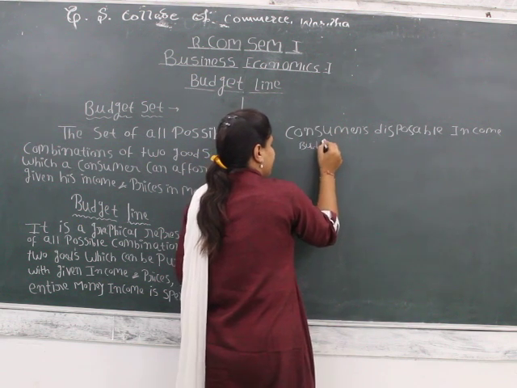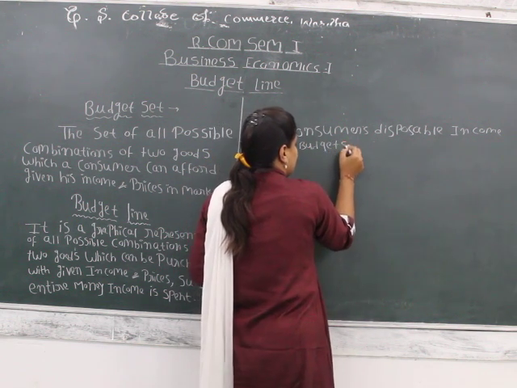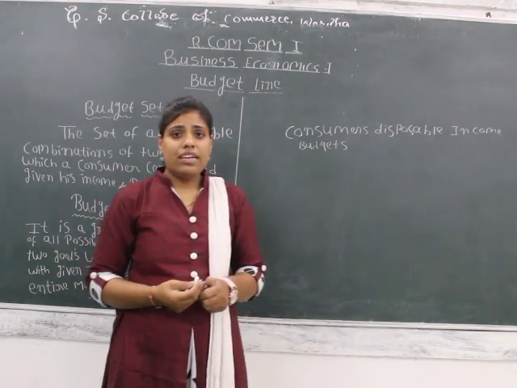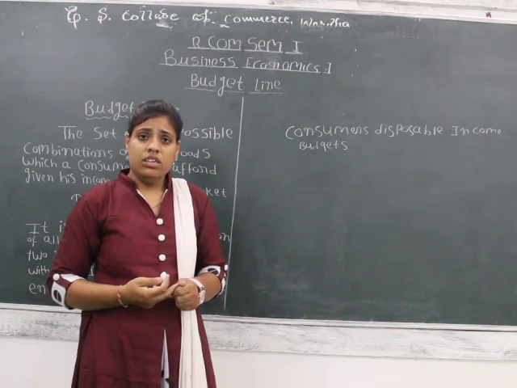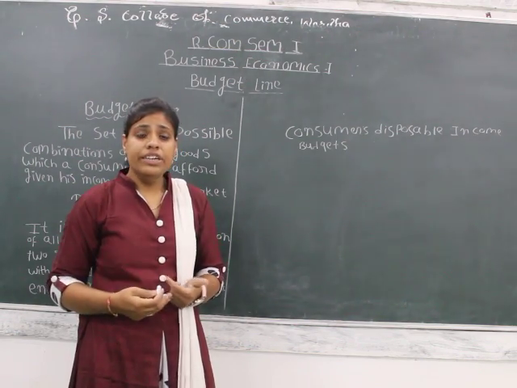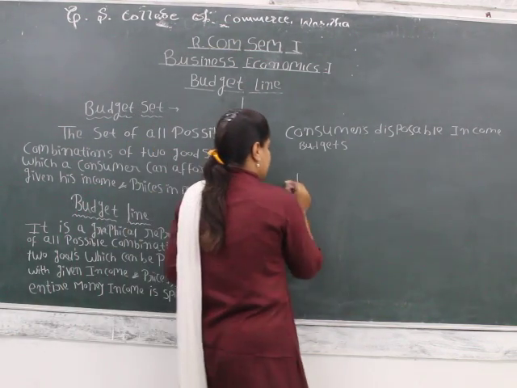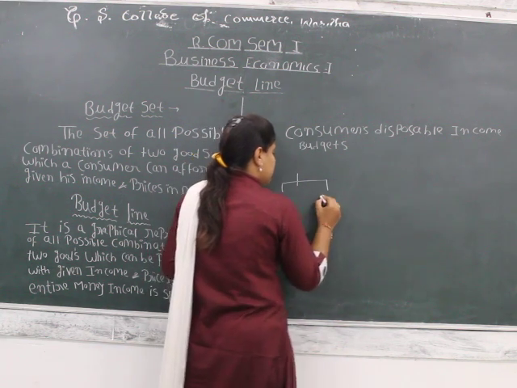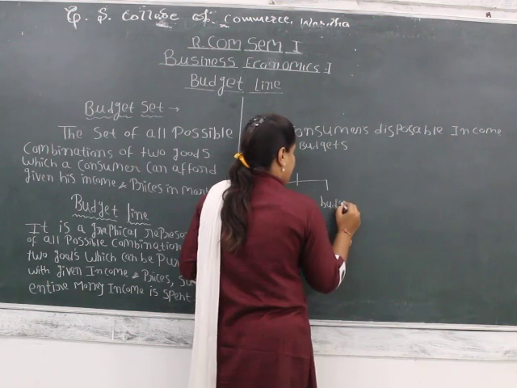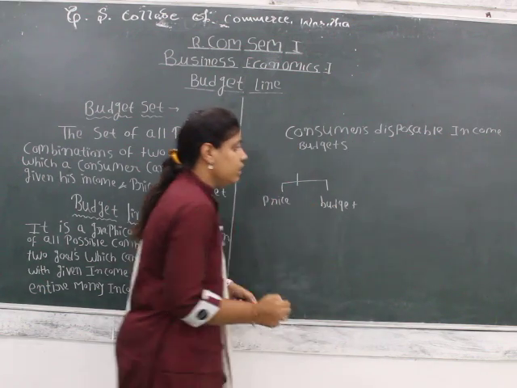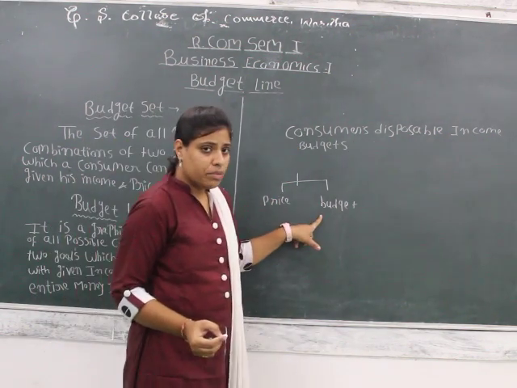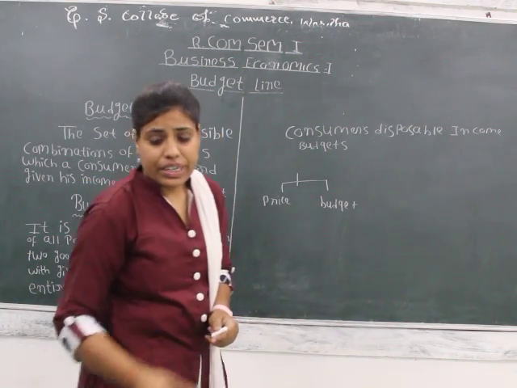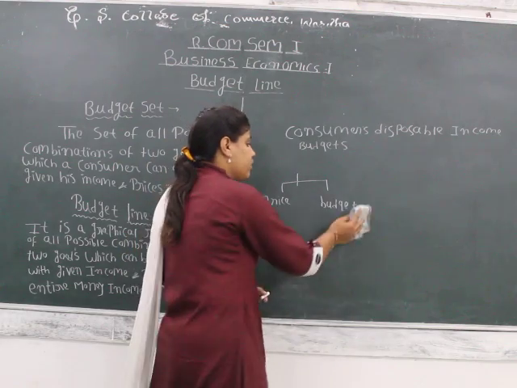And when we talk about the limitations or boundaries for buying the commodity, there are two limitations, that is price of commodity and the budget, and these two terminologies are known as budget constraint in the language of economics.